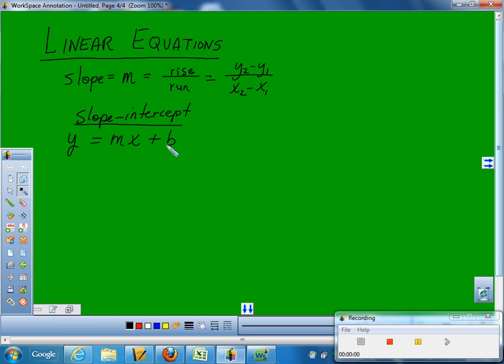Okay. So slope-intercept. Why did they call it slope-intercept? Why is it named slope and intercept? Yeah, you have to know the slope, and you have to know the y-intercept. Okay, that one works great when you're graphing it.